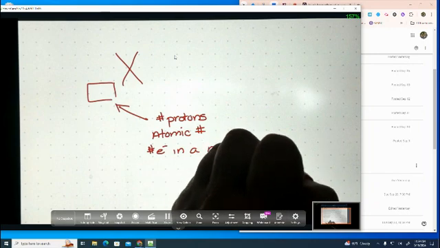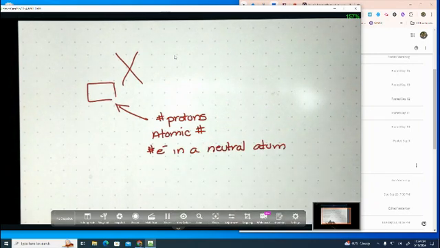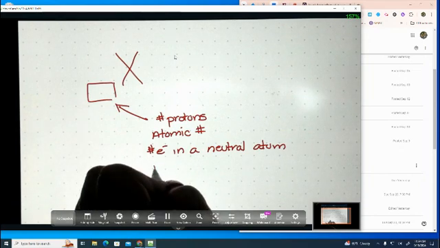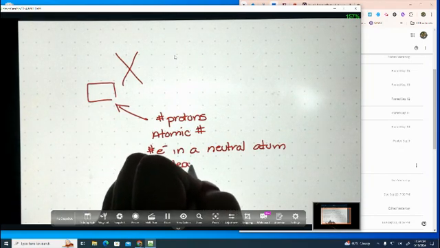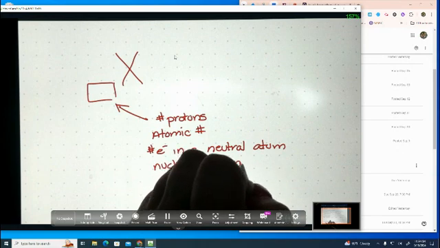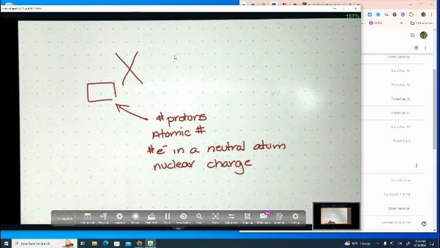And there's one other thing I said that it stands for. Starts with an N. Nuclear charge. It's the nuclear charge because the only thing that's in the nucleus that has a charge is the proton. So it also refers to the nuclear charge.